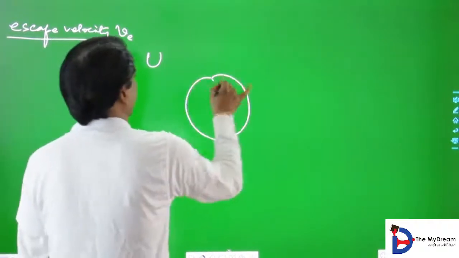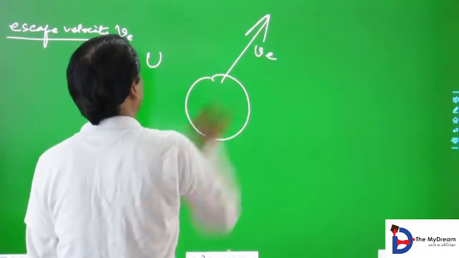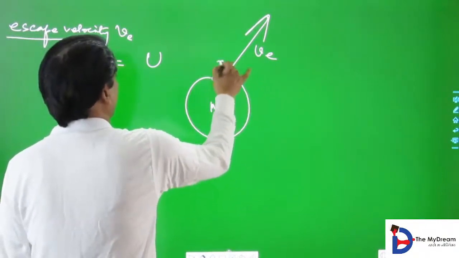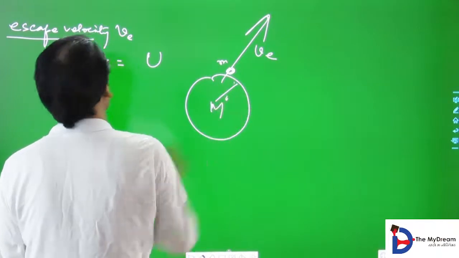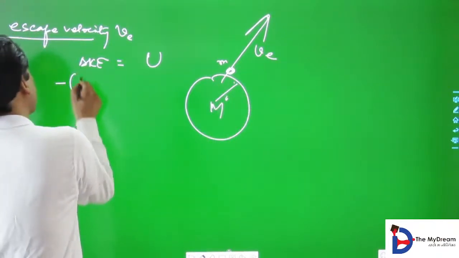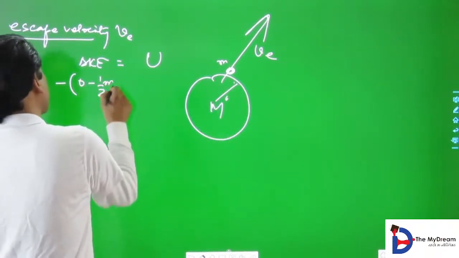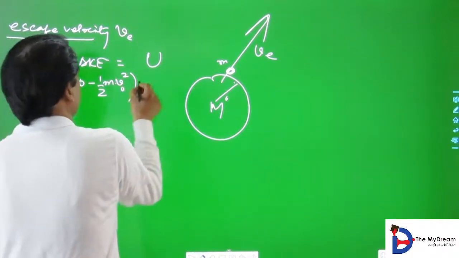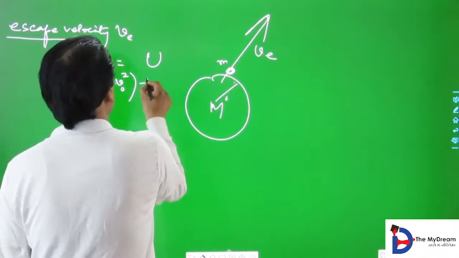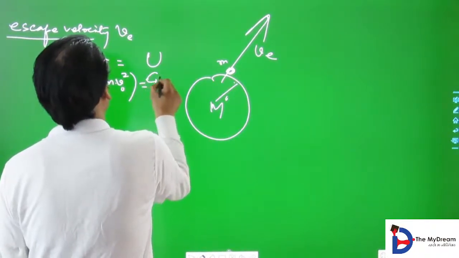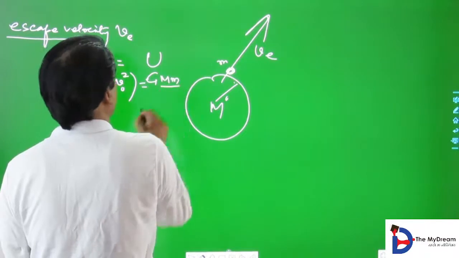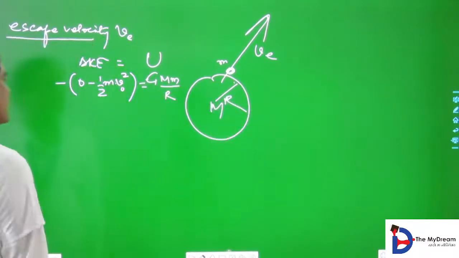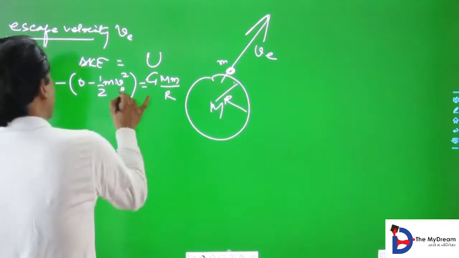यहाँ से फेंक रहे हैं, कहाँ फेंक रहे हैं, यहाँ ये escape कर गई, ये object ये रहा, and this is half mv square, this is GMm upon R. This is the escape value.